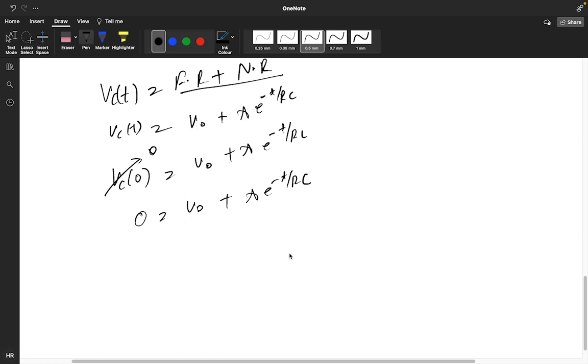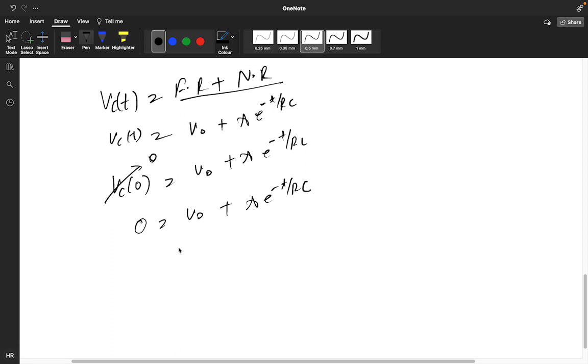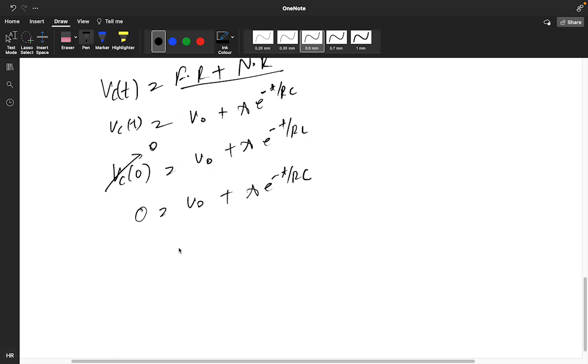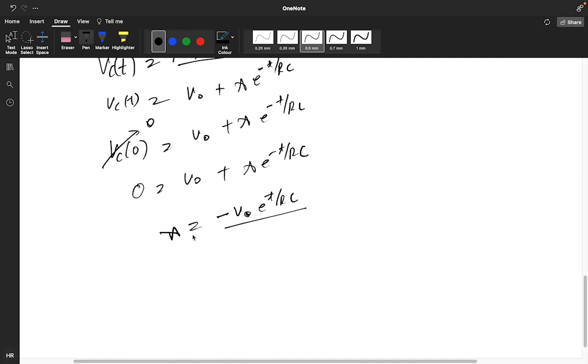So guys, what will be the value of A? Minus V0. A is equal to minus V0 e power T by RC.